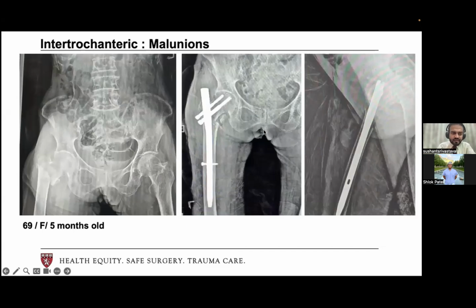This is another female, 5 months old, with a shattered greater trochanter extending to the medial cortex. A trochanteric femoral nail was done.